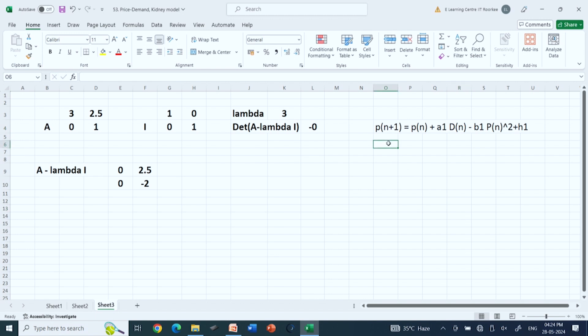And the second formula is d(n+1) equals d(n) plus c1 by P(n) minus k1.